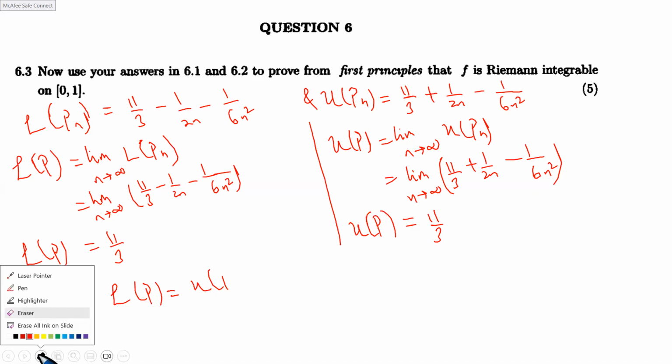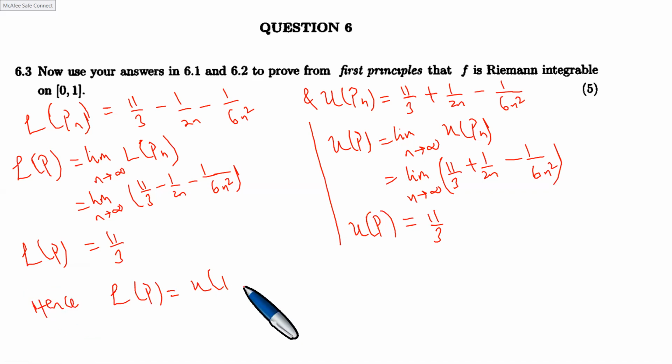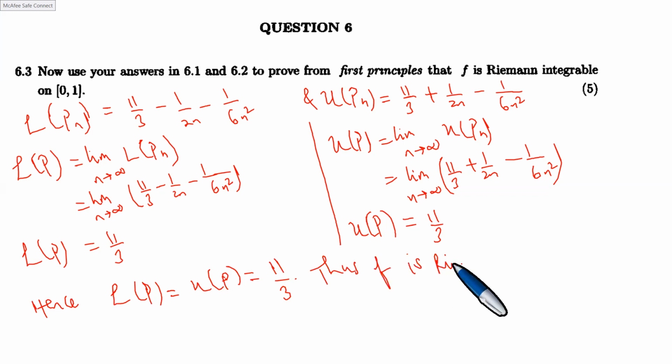So in other words, LP is UP, and it is equal to 11 over 3. And thus F is Riemann integrable.